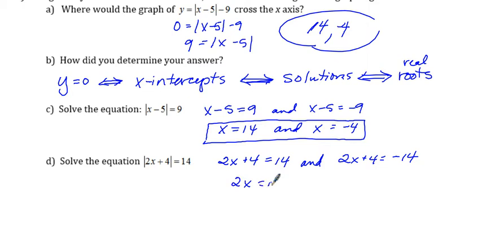Subtract 4 from both sides, divide by 2, subtract 4 from both sides, divide by 2. Both of those are the solutions for that. So hopefully you've seen the connection between setting y equal to 0, x-intercepts, and solutions, making that connection between the graphing and the algebra.